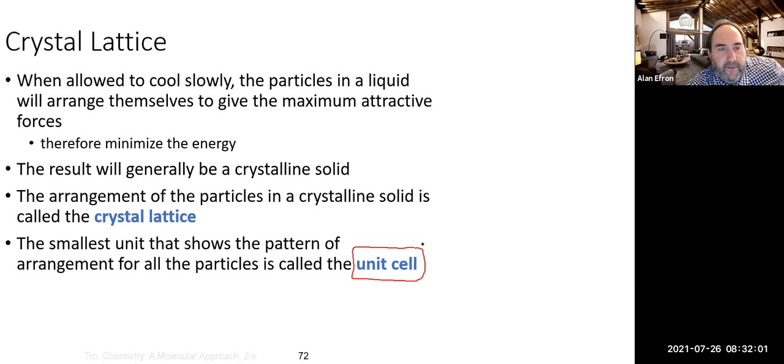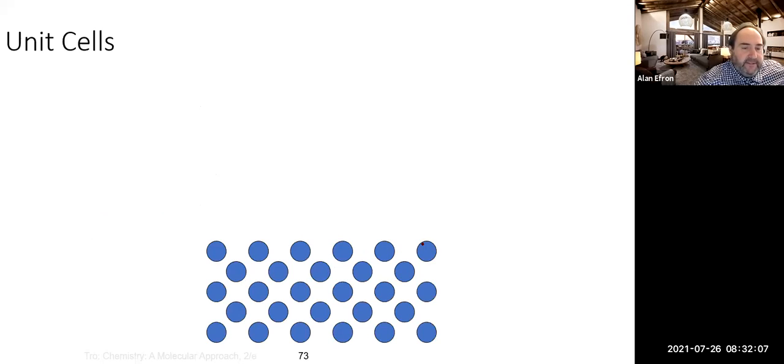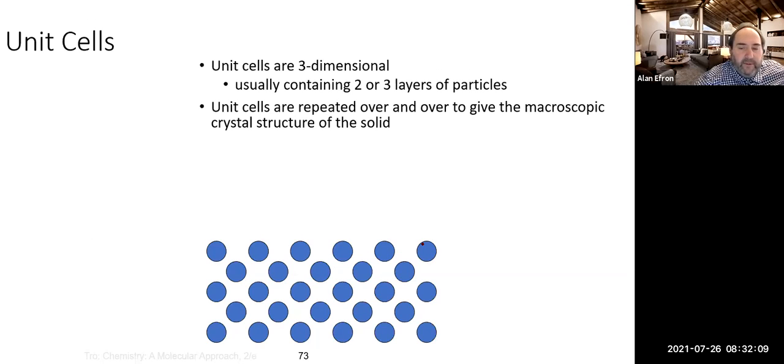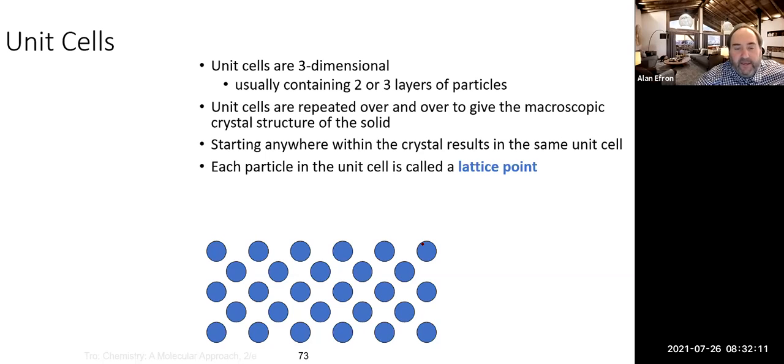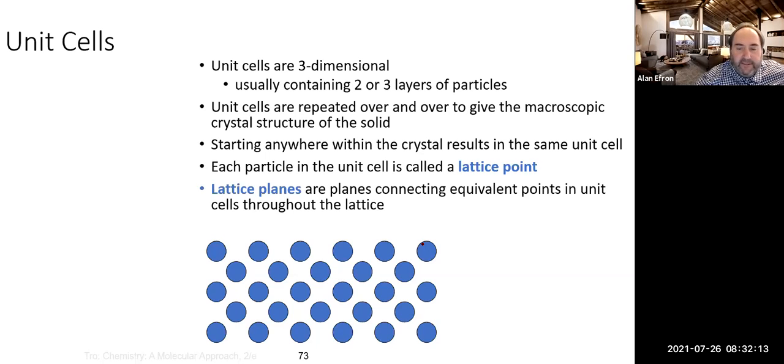Let's talk about unit cells, what should be chosen as a unit cell, why we choose certain things, and why other things would not be a great unit cell. Unit cells are three-dimensional, usually containing two or three layers of particles.